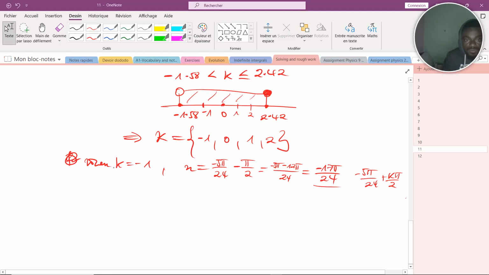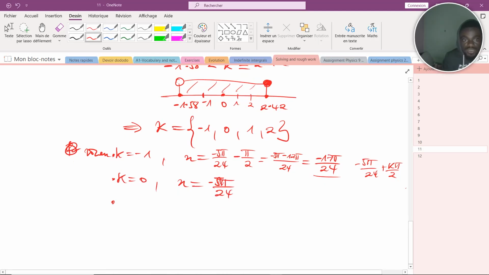When k equals 0, what is x? I substitute 0 here, so x equals minus 5 pi on 24. Is that okay? When k equals the next one, 1, x equals minus 5 pi on 24, you substitute 1 here, plus pi on 2.